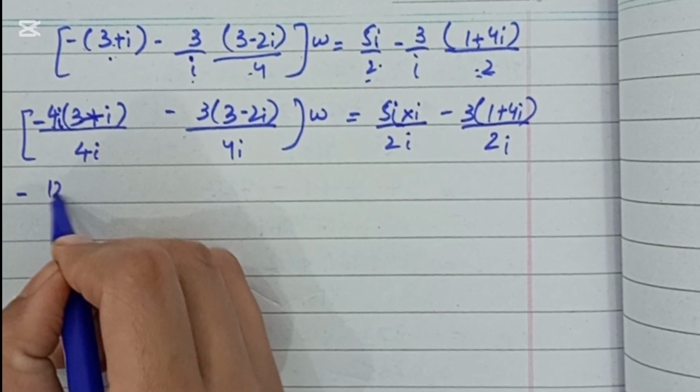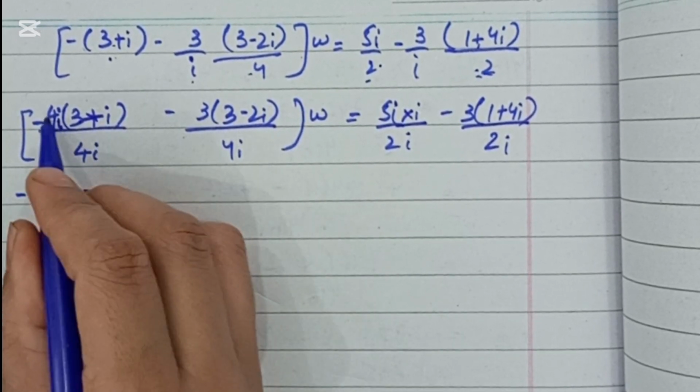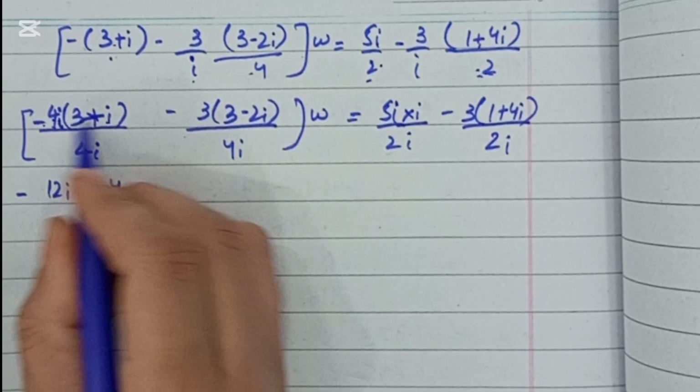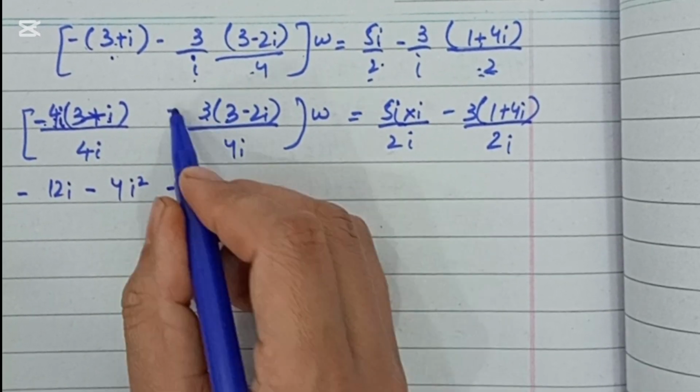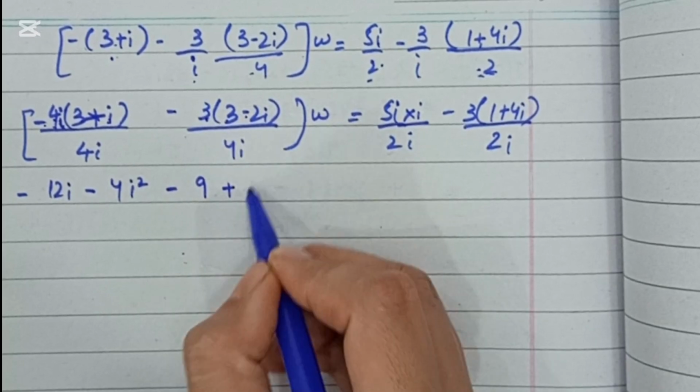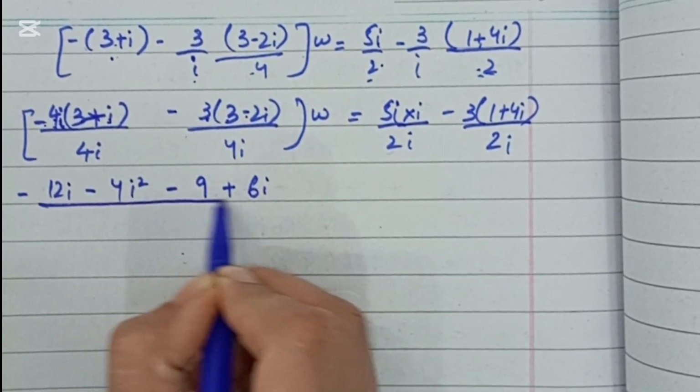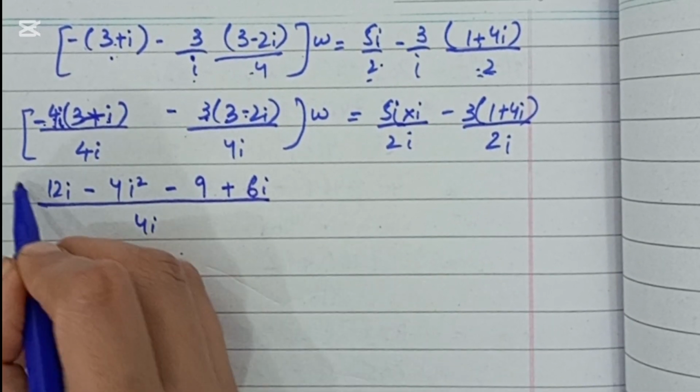4 into 3 is 12 iota, minus plus minus 4 into 1 is 4 iota into iota is iota square. 3 into 3 is 9, minus into minus is plus, 3 into 2 is 6 iota. This whole is going to be divided by 4 iota.